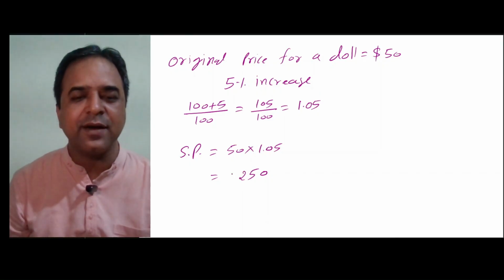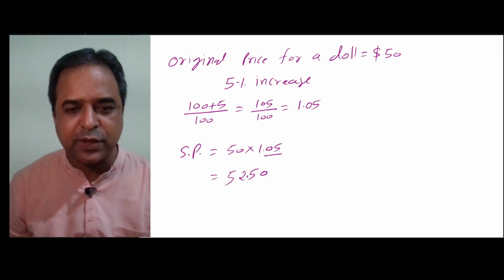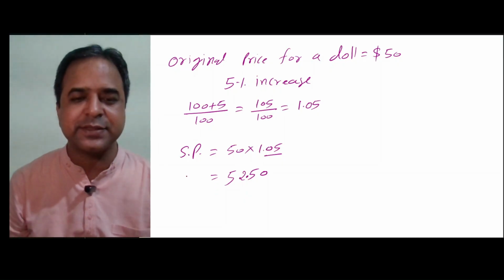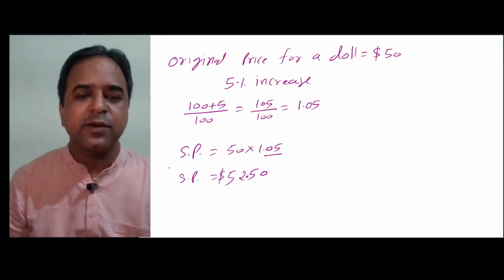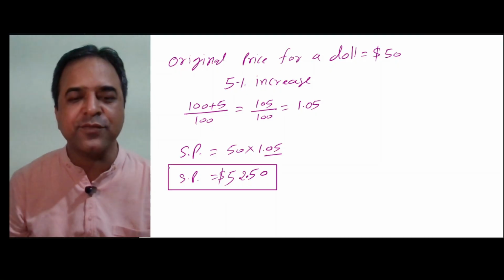Now 5 ones are 5. So this is your multiplication. Now how many decimal places are there in total? 2. So you will put 2 decimal places. So your new price or selling price is going to be $52.50.